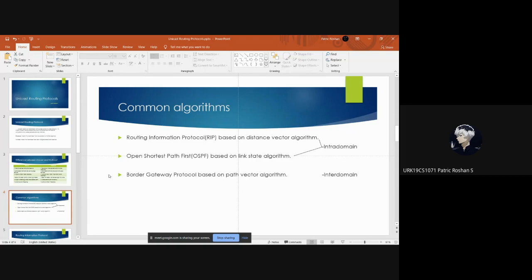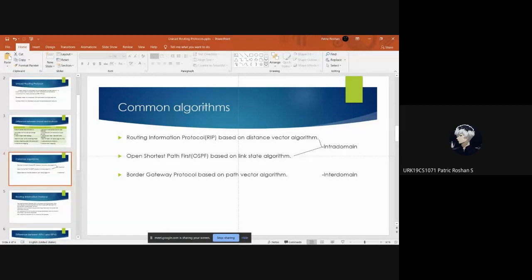In that, the updates will discard looping links and other connections which are repeating. That is, if the data packets return to the same node, like itself, it will discard the link easily in path vector routing. These are the common algorithms we see in unicast routing protocols.